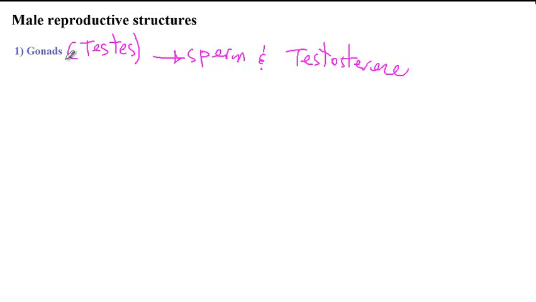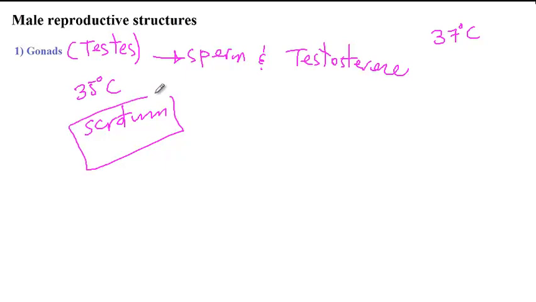Now, considering that the testes require temperature of 35 degrees centigrade in order to be able to produce sperm, therefore it has to be outside the body, because inside the body temperature is closer to 37 degrees C. So that's why testes are actually being suspended in a pouch of skin that is called scrotum. And so by being suspended outside the body, testes have a slightly lower temperature of 35 degrees C compared to the rest of our body.